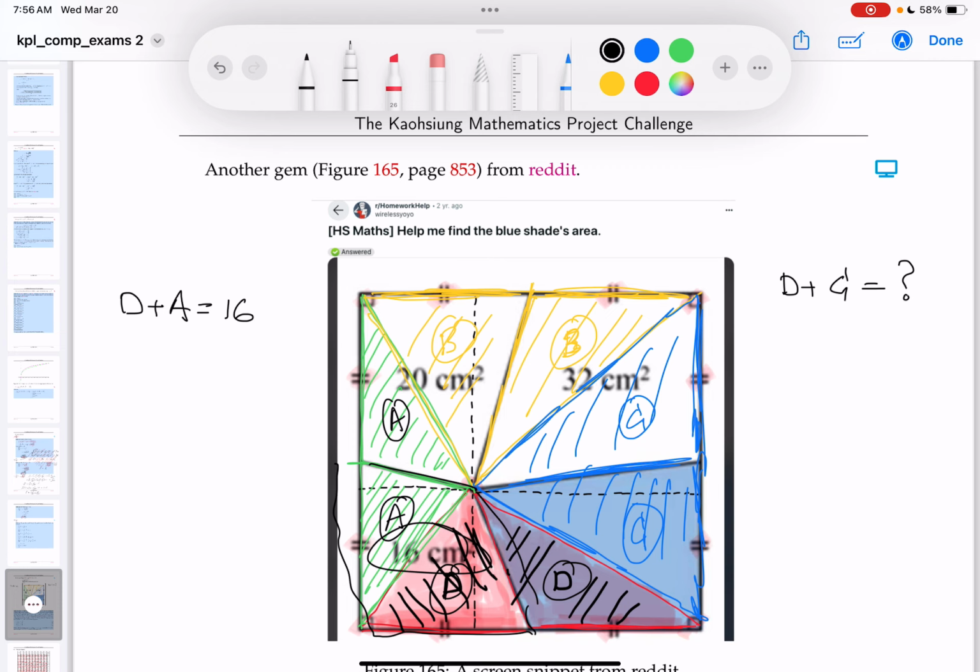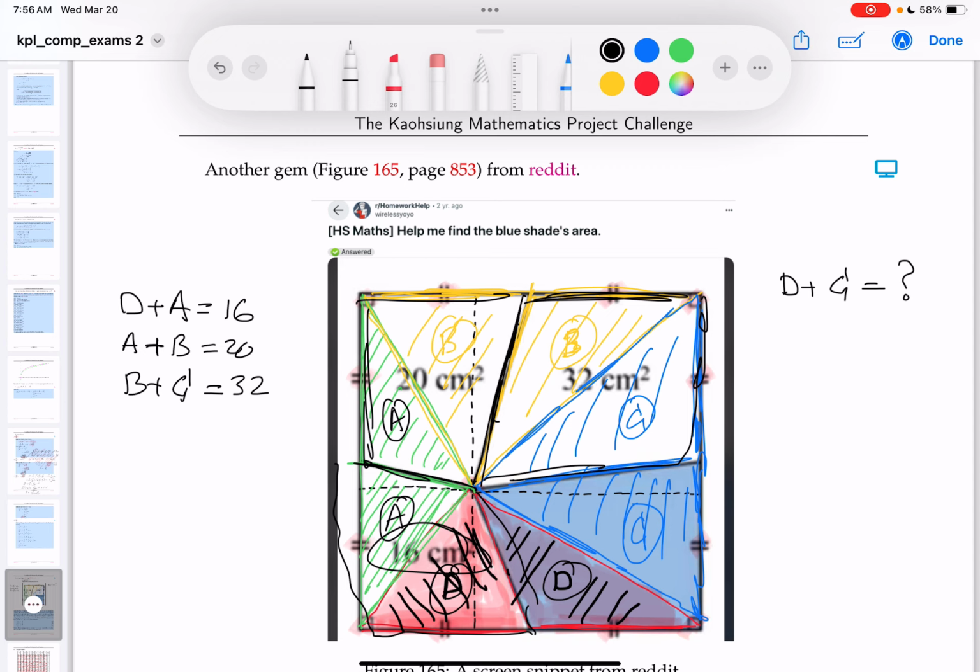The next thing I know is that next region, this region over here, and again, you look at the original picture, by the way, I realize I hacked it up, is 20, and that's A plus B. I'm going to keep moving around. Next region, this one over here, and that's B plus C. And what's B plus C? B plus C is 32.